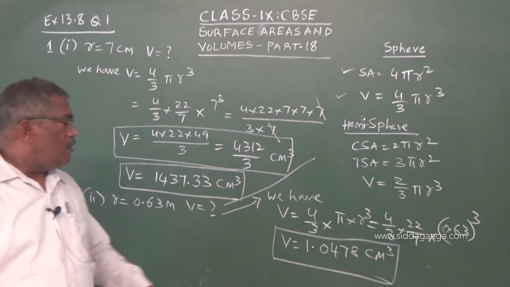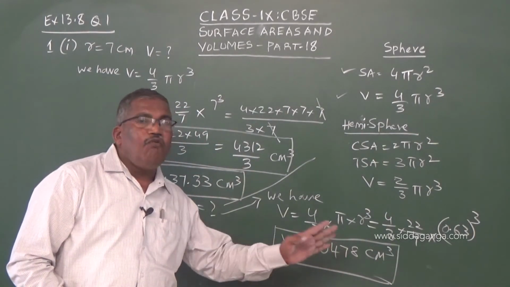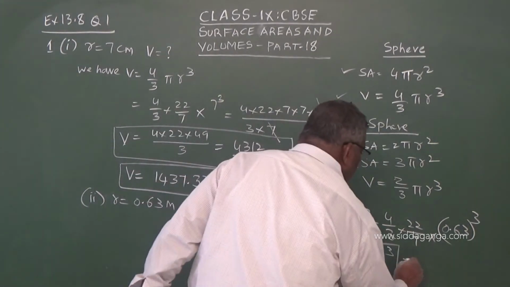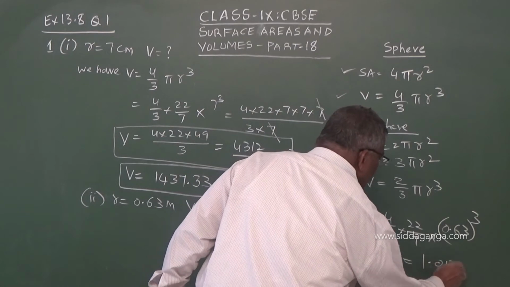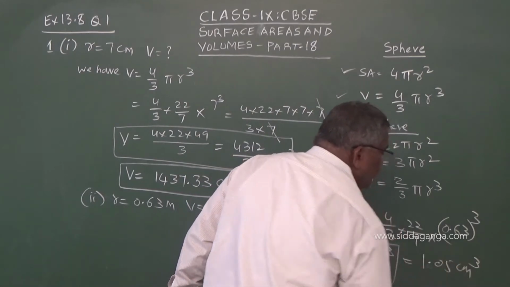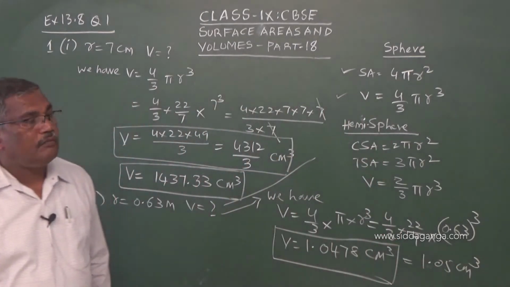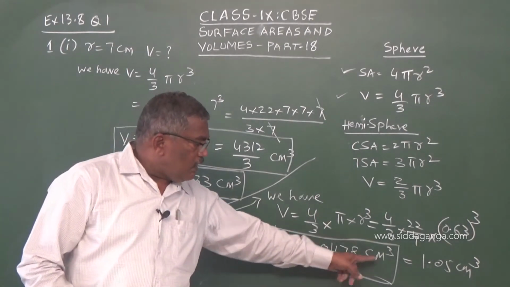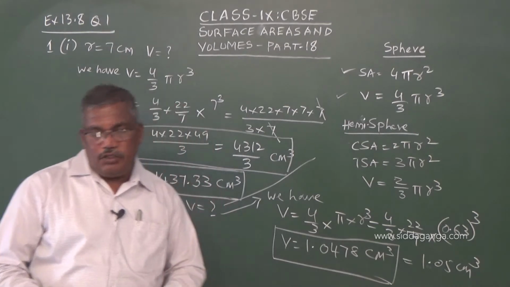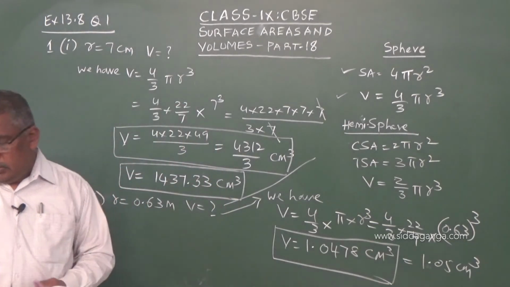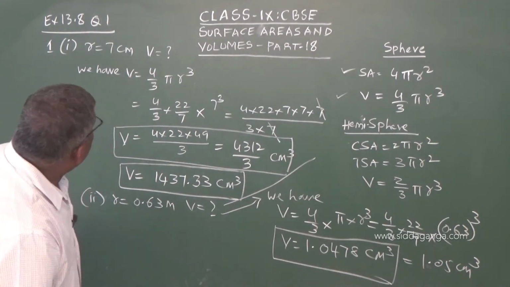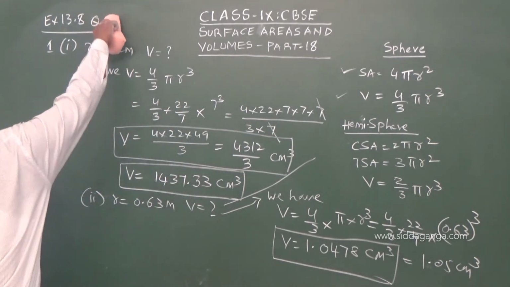You will get, or you can write it as 1.05 for 2 digits. So precisely it is 1.0478, or you can write it as 1.05. So this completes question number 1.